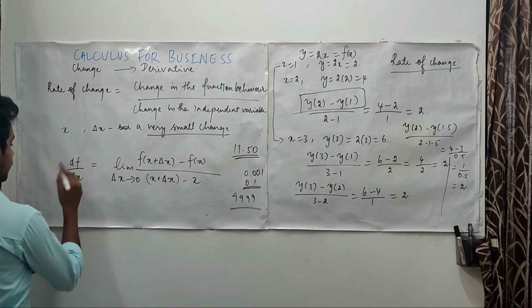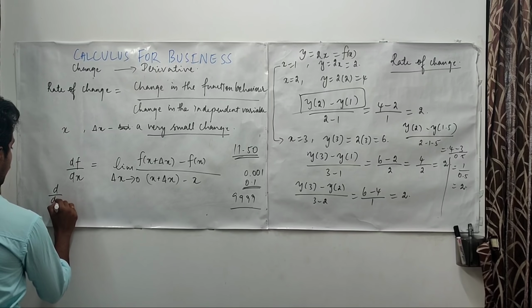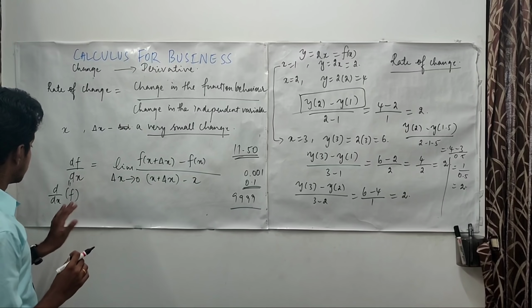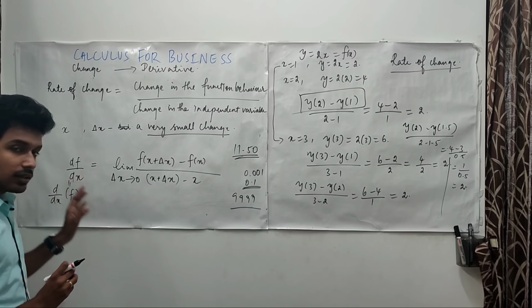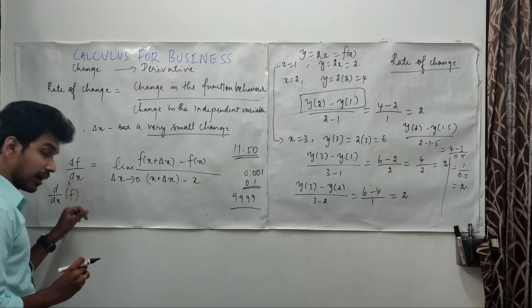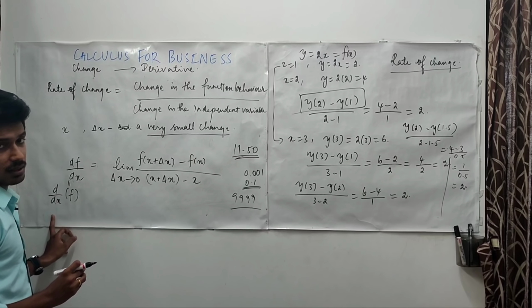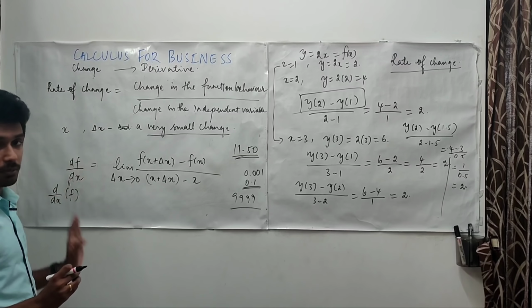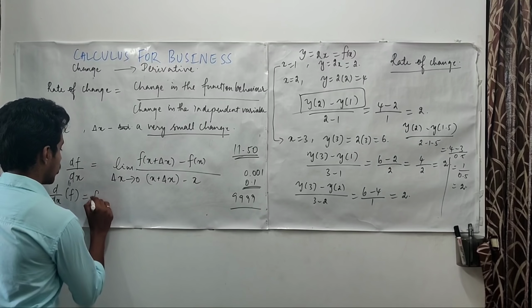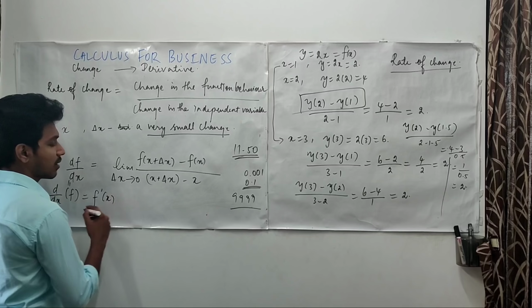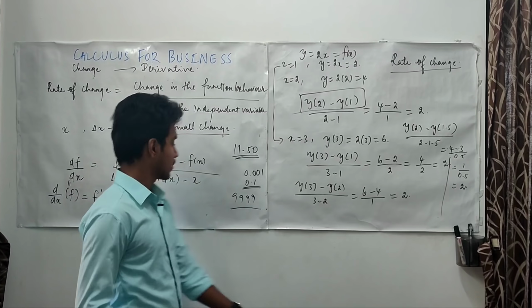This means the rate of change of f when there is a change in x. This may also be denoted as f prime of x, or simply known as f dash of x.